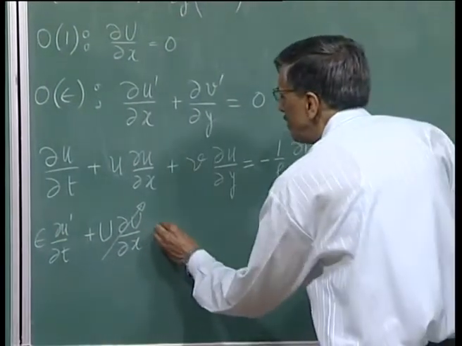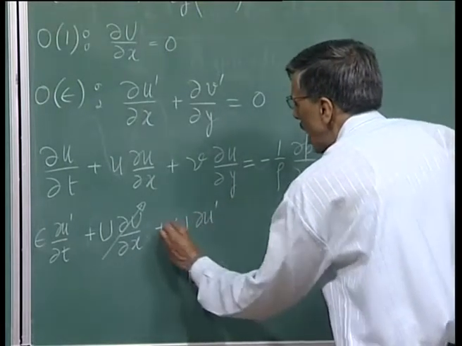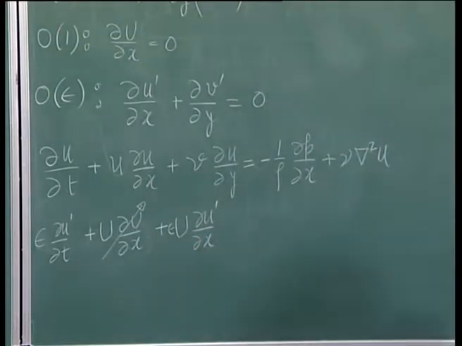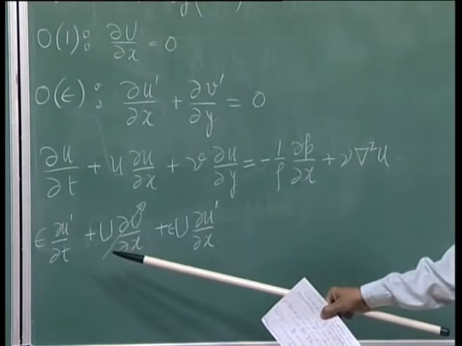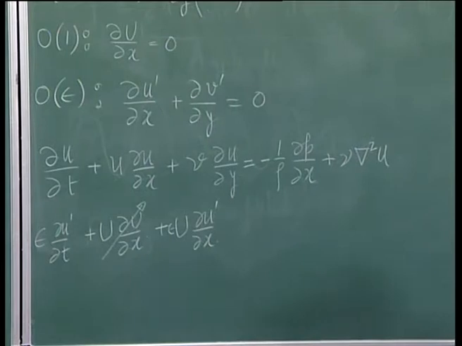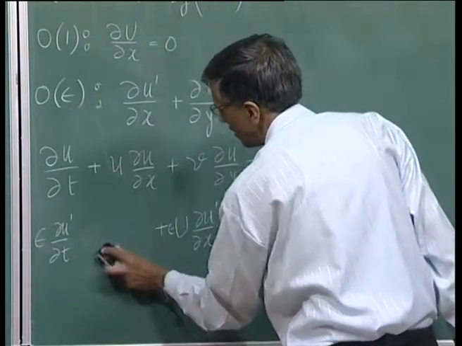What about the other term? We also get u del u prime del x. And we will not have the other term u prime into del U del x, because we know del U del x is 0. So, we do not need to really write this term out.